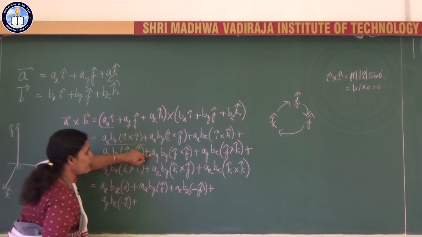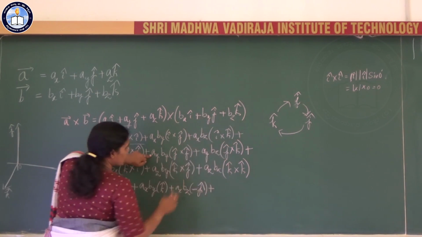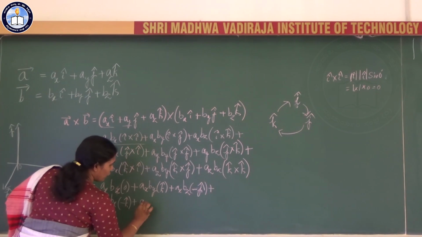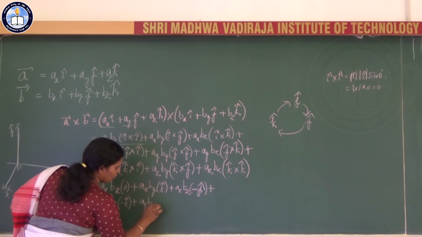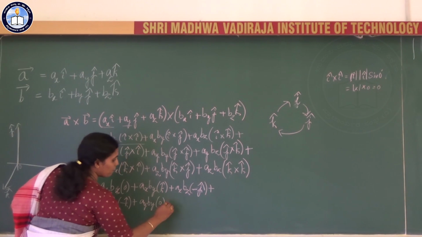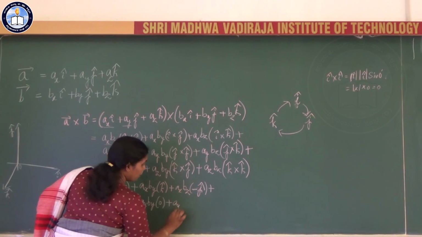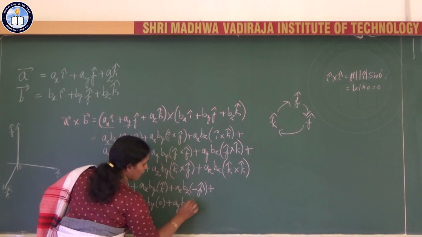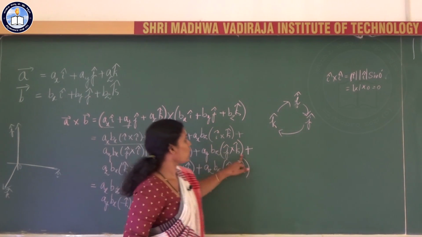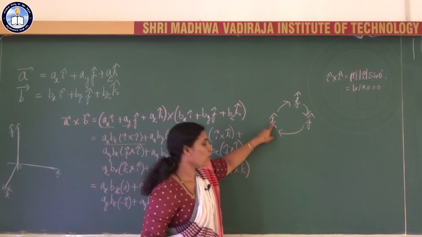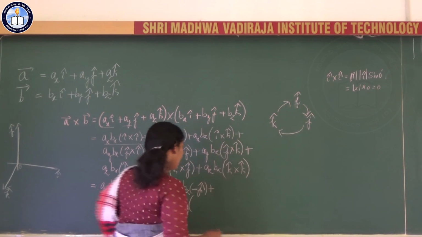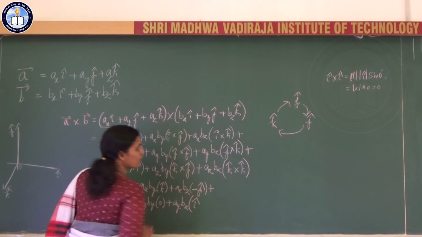Plus Ay by, j cross j is 0. Plus Ay bz, j cross k, going in the cyclic order, so it is i cap.